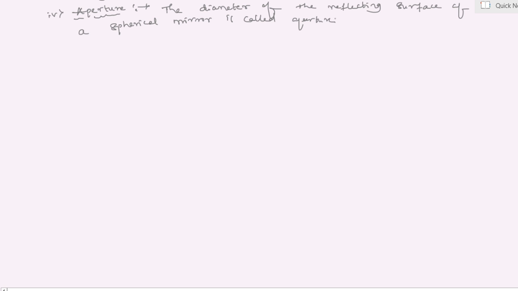Yes, my dear students, the entire diameter of a reflecting surface is termed as what? Aperture. In the figure it is denoted as M1, M2, which is the aperture of the mirror. Yes, my dear students, M1 and M2, it is termed as what? The aperture of the mirror.